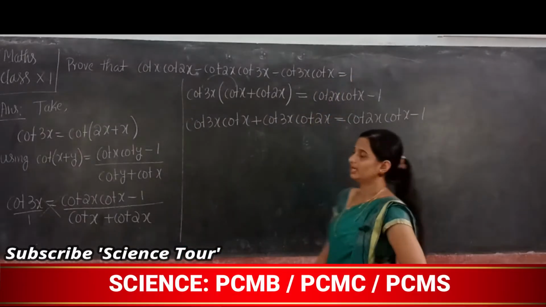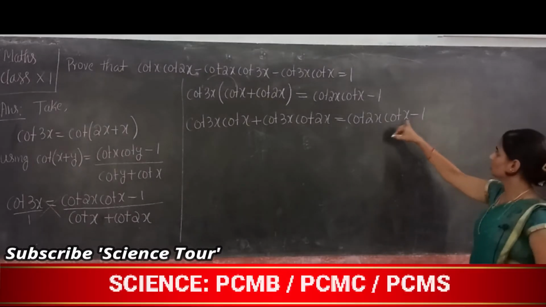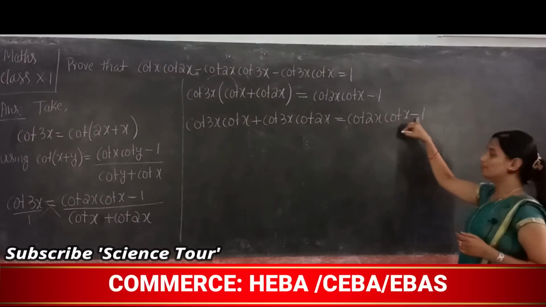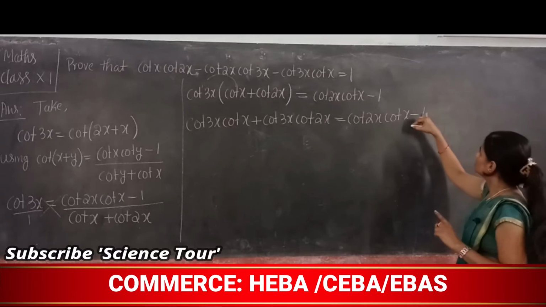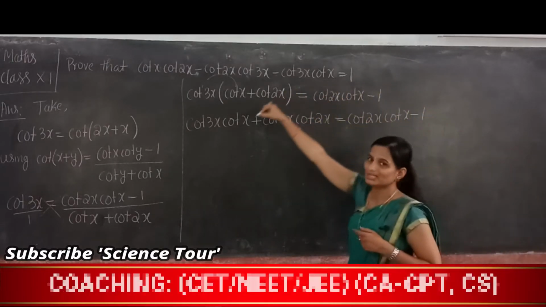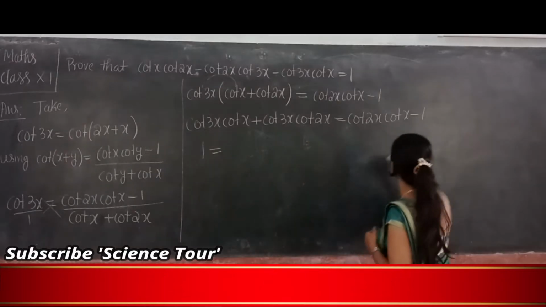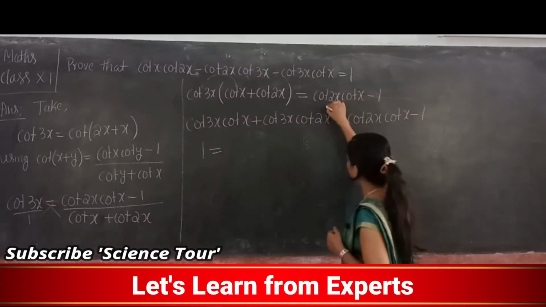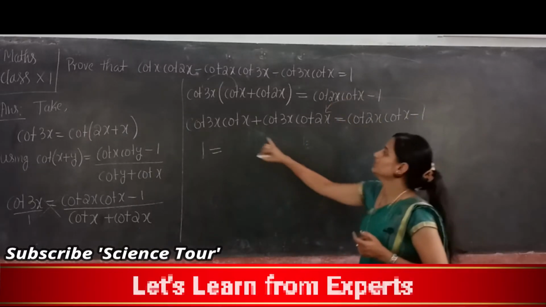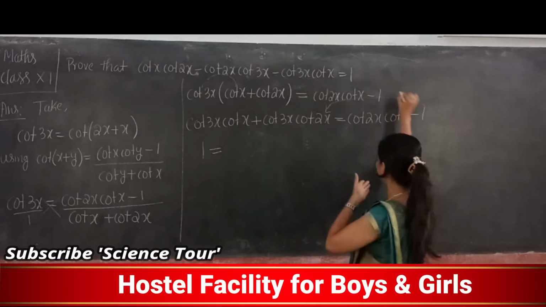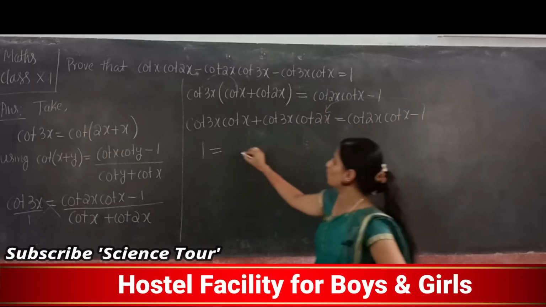Here we have equal to minus 1, so bring this minus 1 to this side, then it is 1. Then bring these two terms to this side.